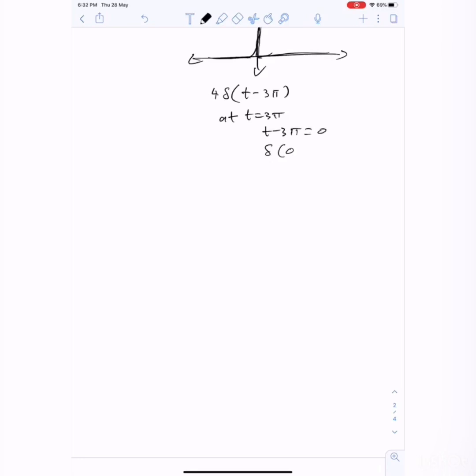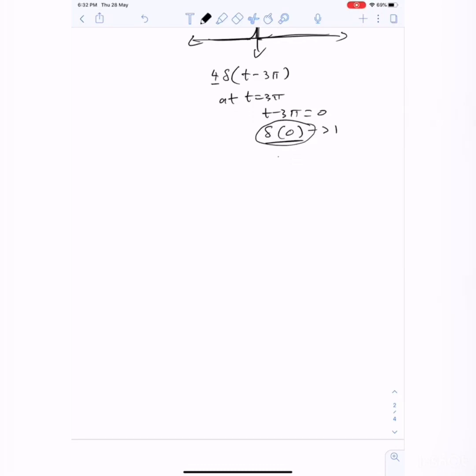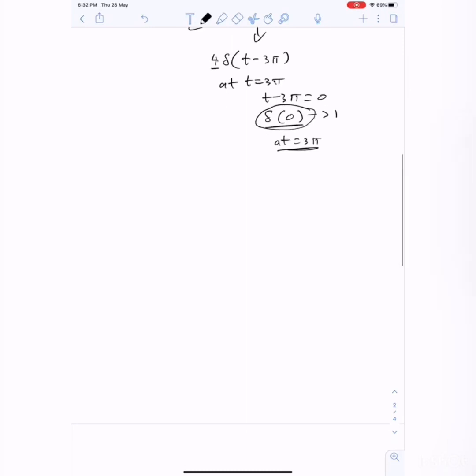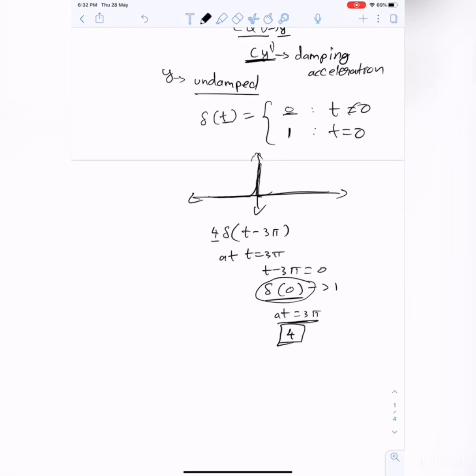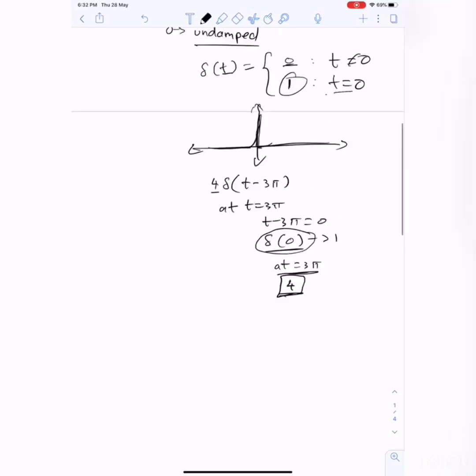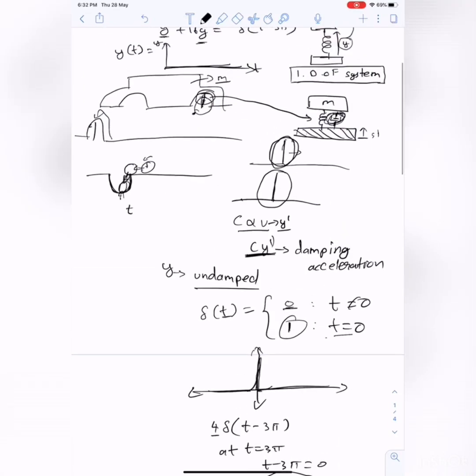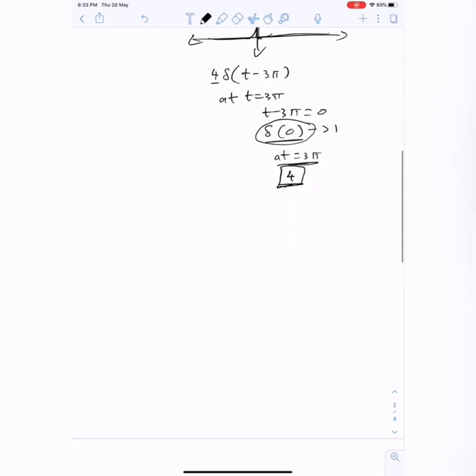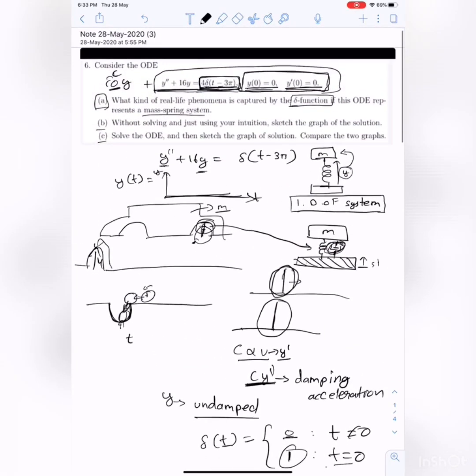So our Dirac delta function would have a value 0 inside it, which would make this entire thing a value of 1. So at t equal to 3 pi, there would be an impact force of magnitude 4. As you know, the magnitude of the Dirac delta function at 0 is 1, so I am multiplying by the magnitude of 4. Say it's hitting a bump which is 4 times high. So this basically means we are setting this system into motion at time equal to 3 pi.